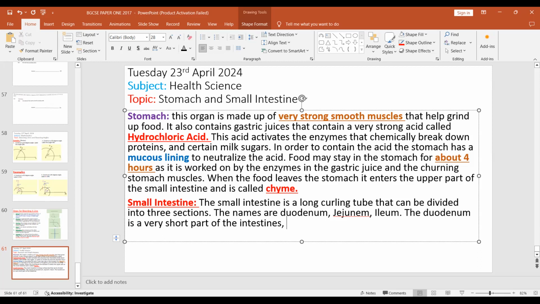This is where most of the final products of digestion are formed.